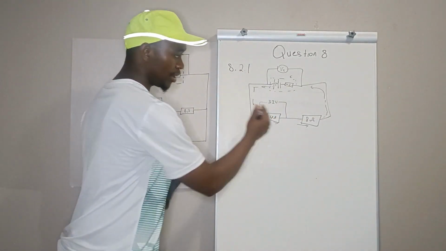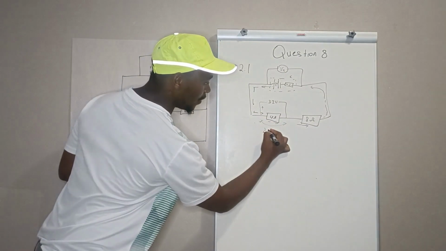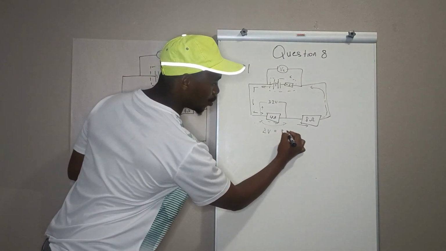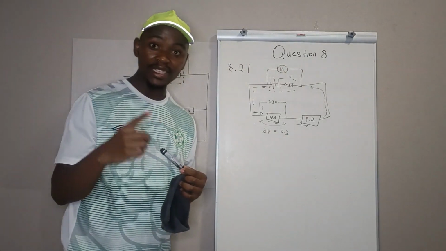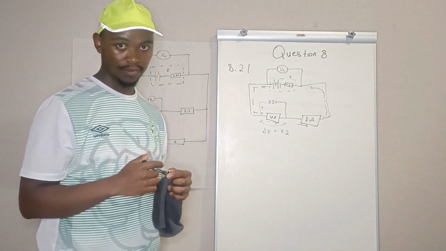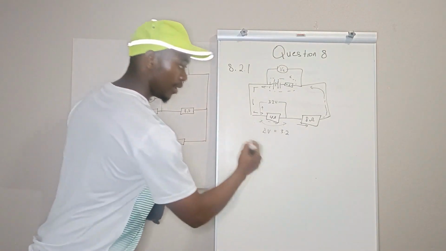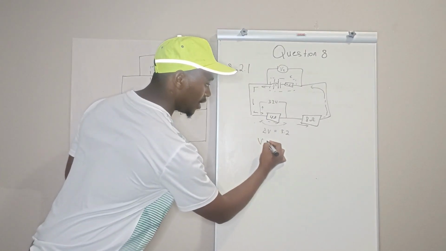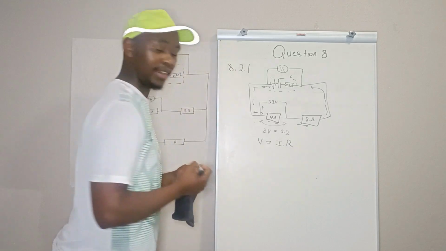We are given that the potential difference across this resistor, delta V, is 3.2 volts. And we just mentioned that that resistor obeys Ohm's law. Right, what does Ohm's law say? Ohm's law says that voltage, the potential difference, is equal to current multiplied by resistance.